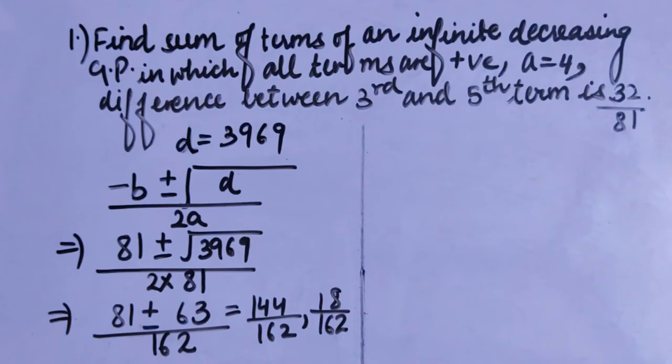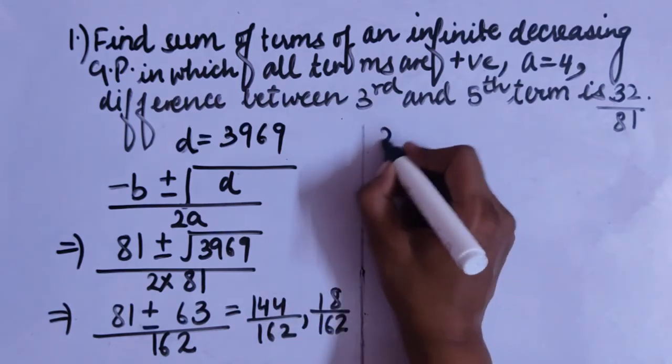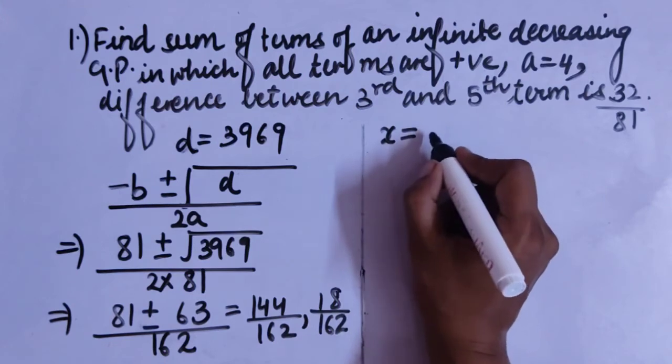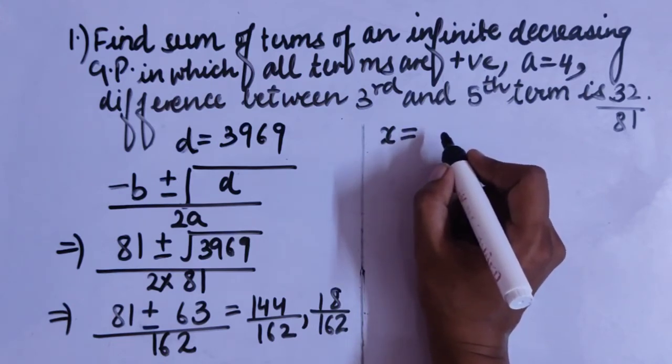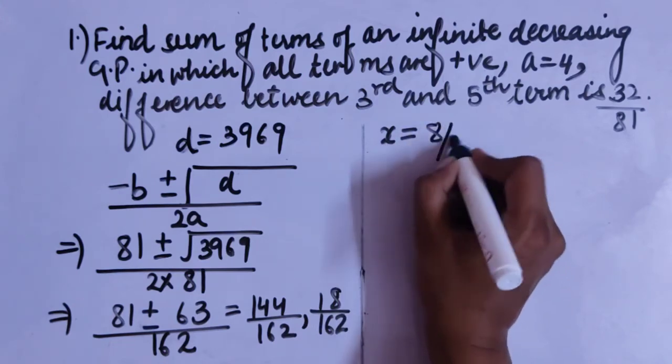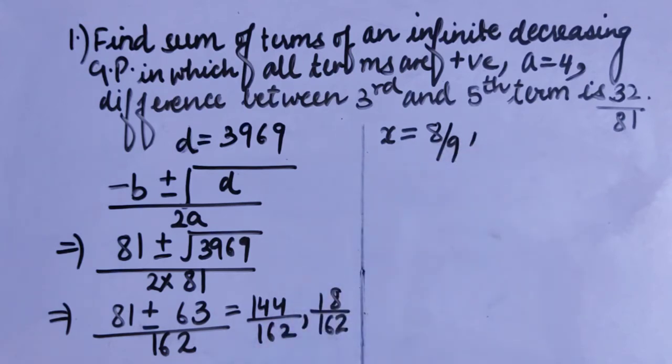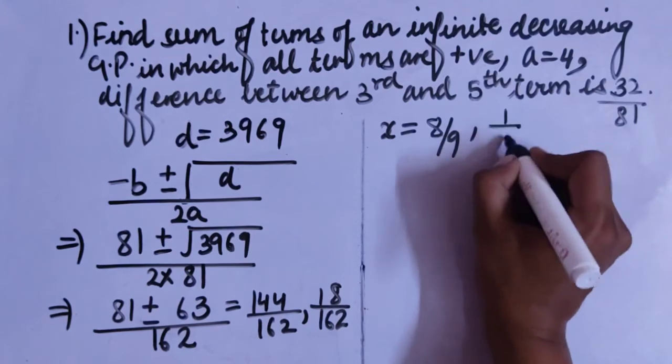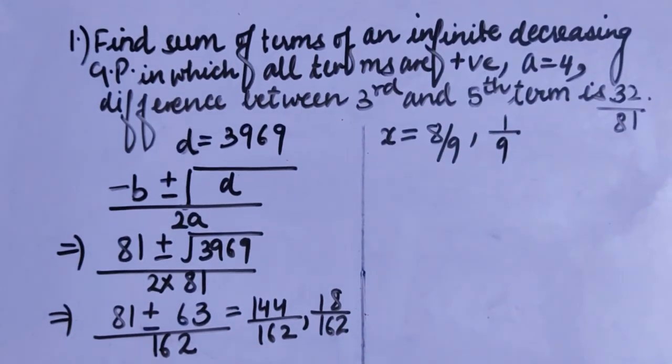As we were solving the equation in terms of x, the value of x is equal to 144 upon 162. Directly we can also say 8 by 9, comma 18 upon 162, or we can say this is 1 by 9. So we have got the value of x now.